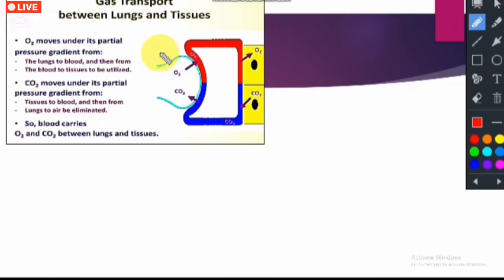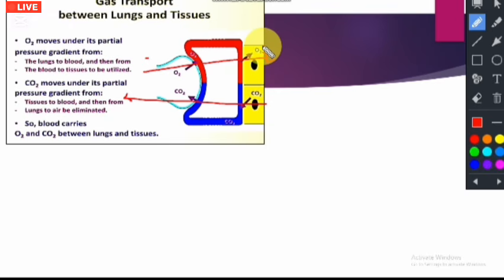The diagram shows you how oxygen moves from the environment to the lungs, to the blood, and then to the tissues. And how carbon dioxide moves from tissues to blood to the lungs to the external environment. Okay?